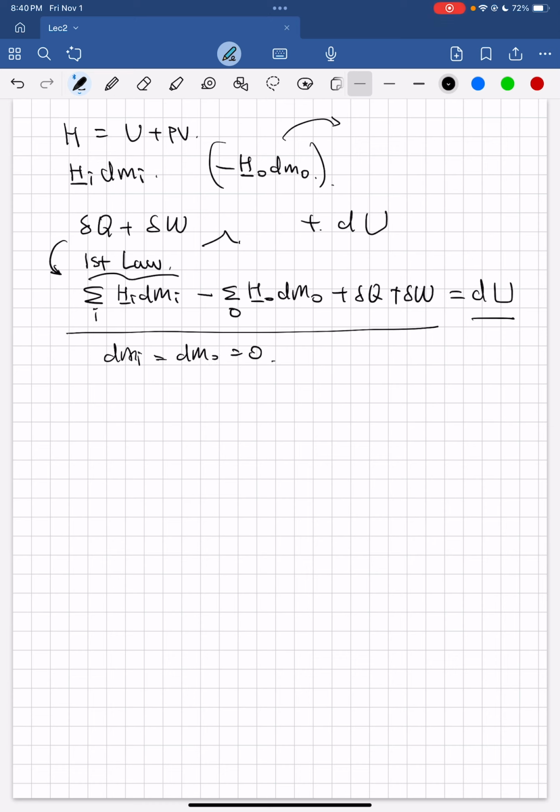Okay? Now we're going to talk about CP and CV. What are these? These are capacity, heat capacity, right? In very thorough terms, you should call this specific heat capacity.